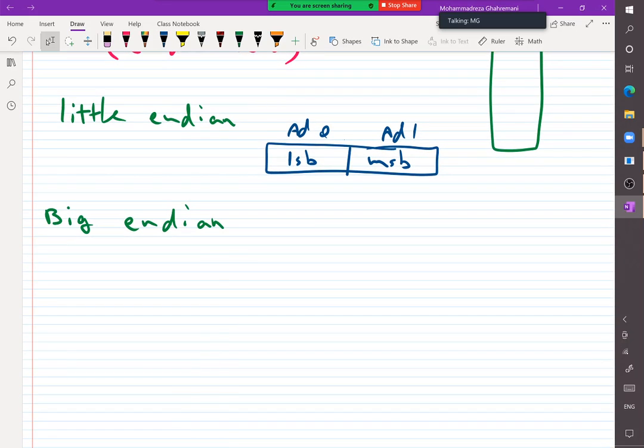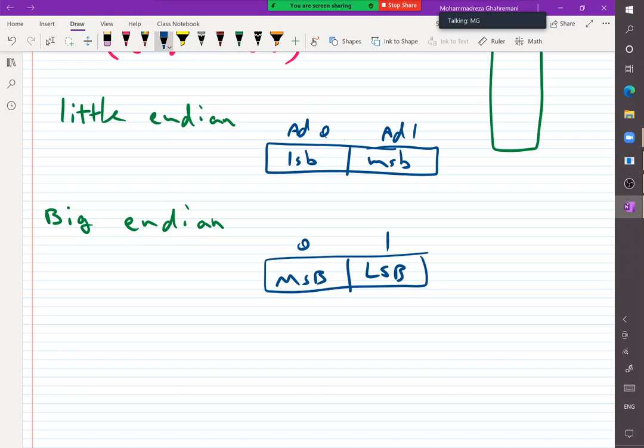This is Little Endian. For Big Endian, the most significant byte is stored first. So if we have two addresses, address 0 and 1, first we store the most significant byte and then the least significant byte. Okay, so it's different. When we design a machine, we should know which one we are going to use. What's the difference? There are pros and cons for these two designs. Okay, we will see it soon.